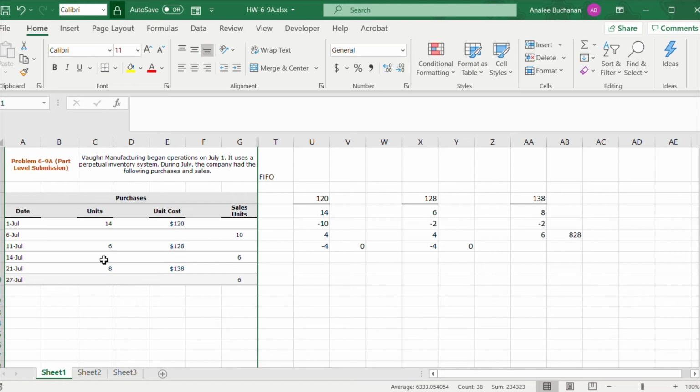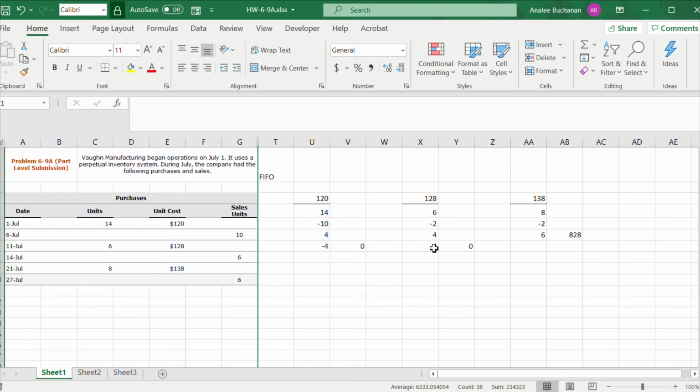Then we get in 8 units at 138. Then we sell 6 of them, and so we need to use these 4 first, because they got in first.